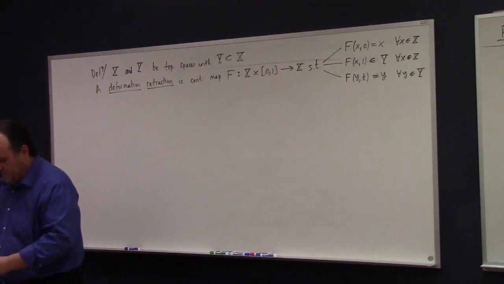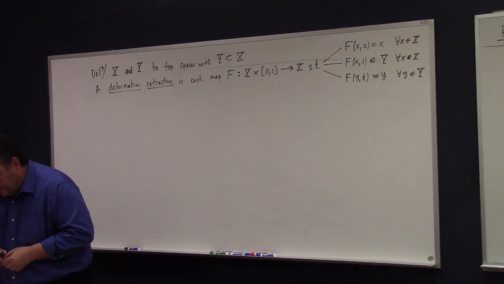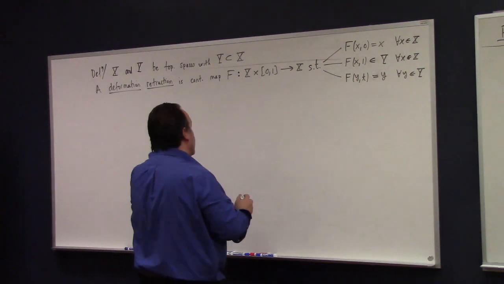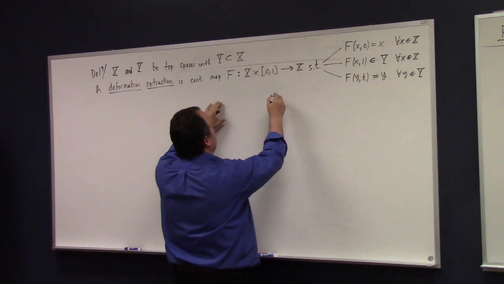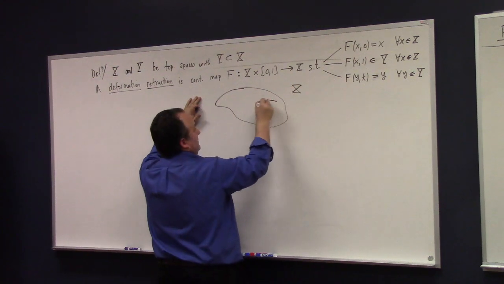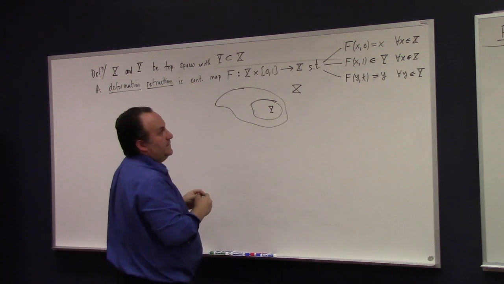He says this means that f shrinks the space x down to y. We say y is a deformation retract of x. So the picture is something like, this is x. Here's y, right?